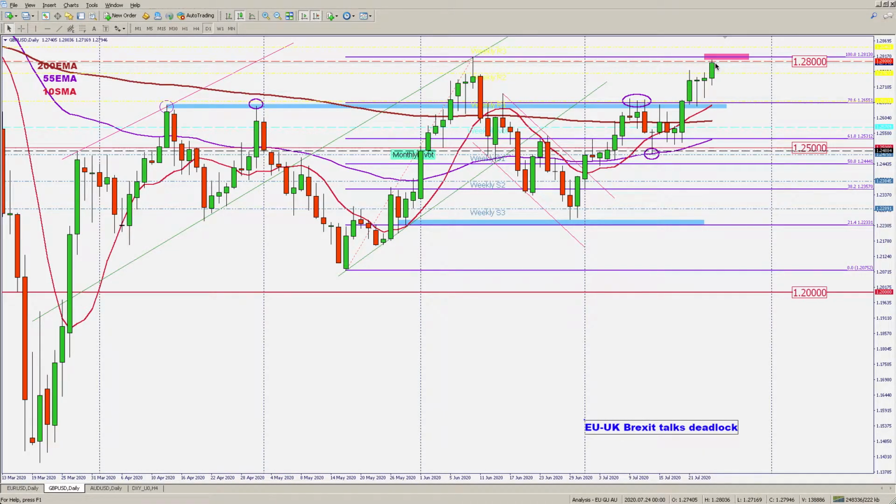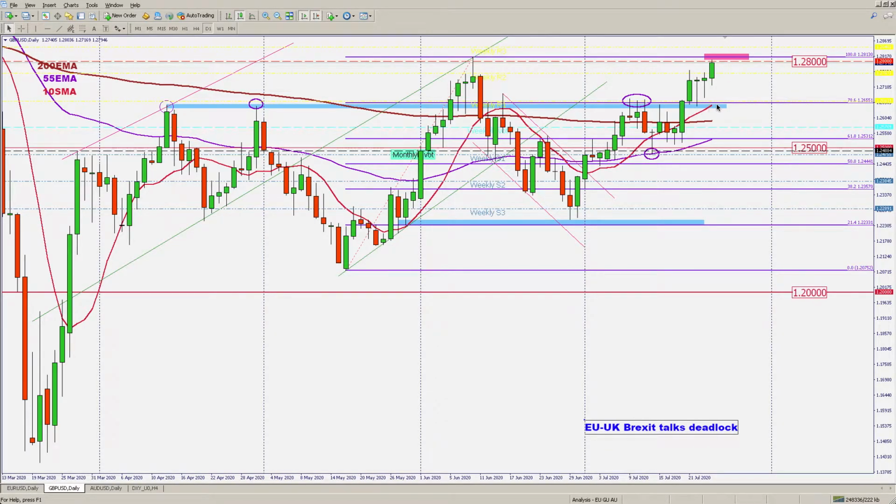It finally broke through and managed to hit the 128 level near the recent swing high. So it's coming up to retest that level. Now we'll see whether it's able to extend that.